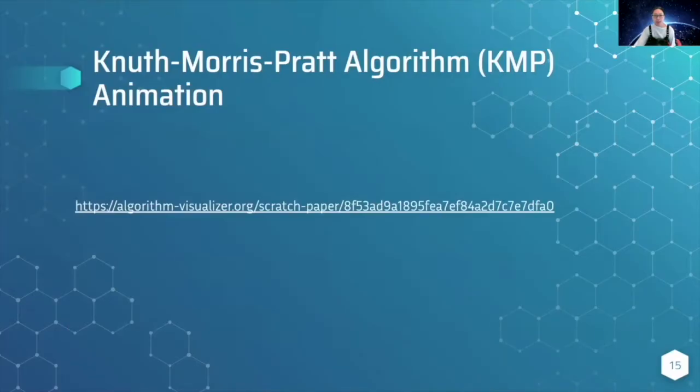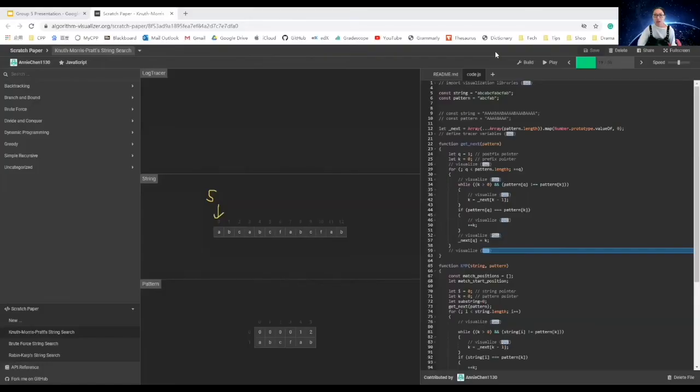We will see an animation of the KMP algorithm and see how it reduces the time. We will see what it means to keep moving forward on the string. When you find a mismatch on index 3, we won't go back to the beginning of the string where we started at 0.